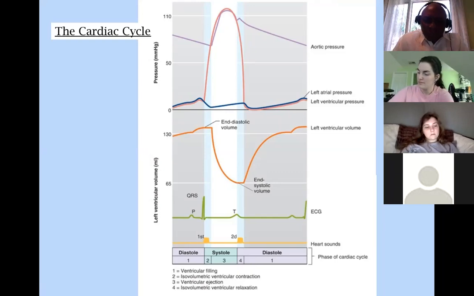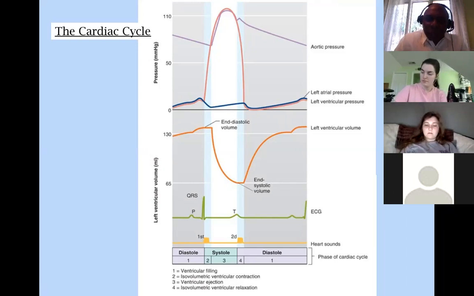Okay, what's the pressure then in the aorta? Well, the diastole is 80, and the systolic is the same as the left ventricle.